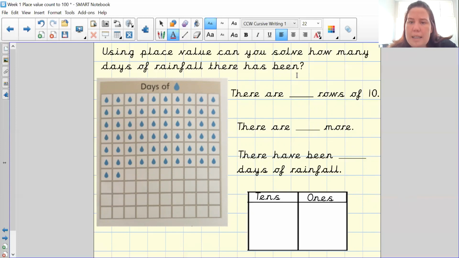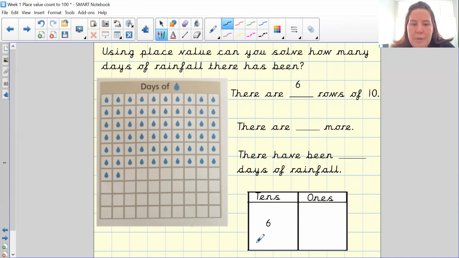So the first thing I'm going to ask is how many rows of 10? 1, 2, 3, 4, 5, 6. Well, I can't go any more because that's not a full row. So I have 6 rows of 10. So that means I have 6 tens. And you can also represent it by just drawing your lines if you like. 1, 2, 3, 4, 5, 6.